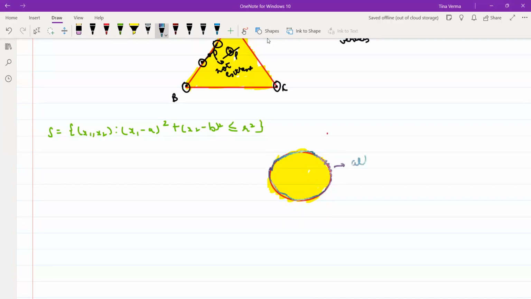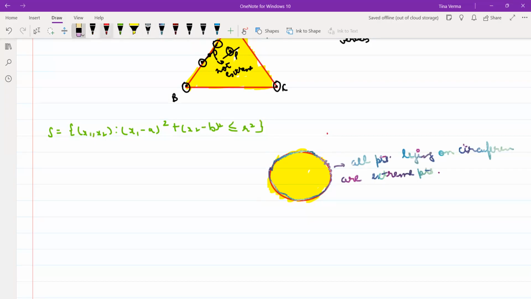So all points lying on circumference are extreme points. So you can notice from here also that extreme points can be infinite, right? So in this case, you have infinite points, extreme points.